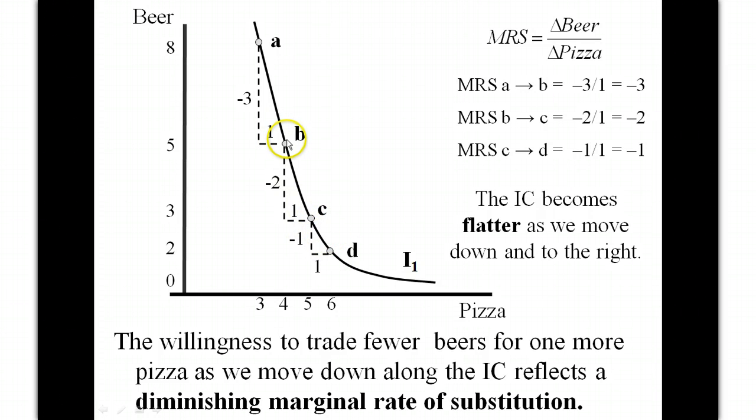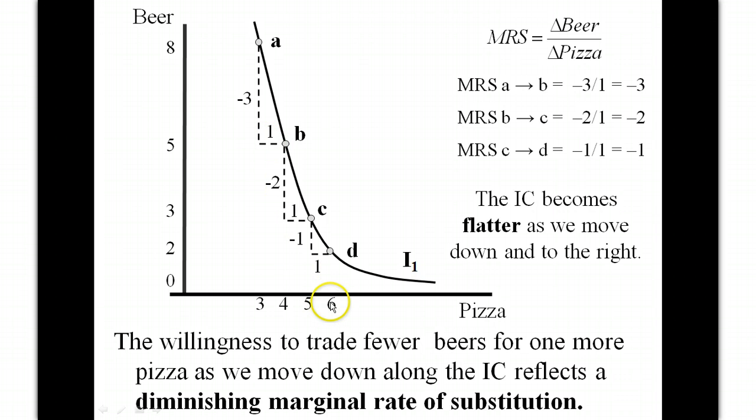Whereas if you take point B, say the individual at point B has 4 units of pizza. Now their quantity of pizza has dropped. If you drop the quantity of pizza by 1 unit again, the change is again 1. From D to C they drop 1 unit of pizza, and from B to A they drop 1 unit of pizza.